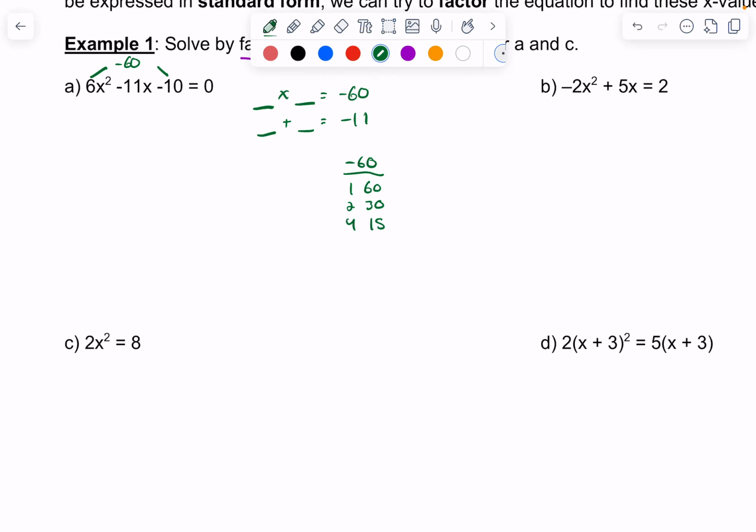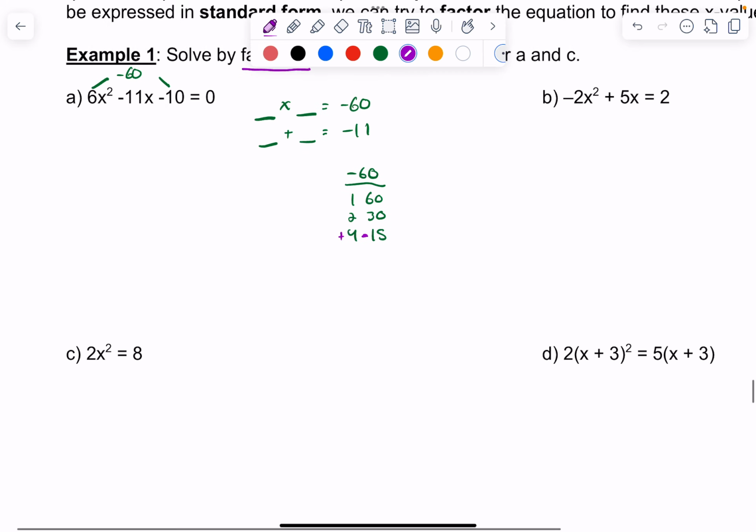And there we go. If I make this negative 15 and this positive 4, and how do I know that one is positive and one is negative? Well, once again, in order to get a negative in the multiple, one has to be positive, one of them has to be negative. So I know it's minus 15 and 4.